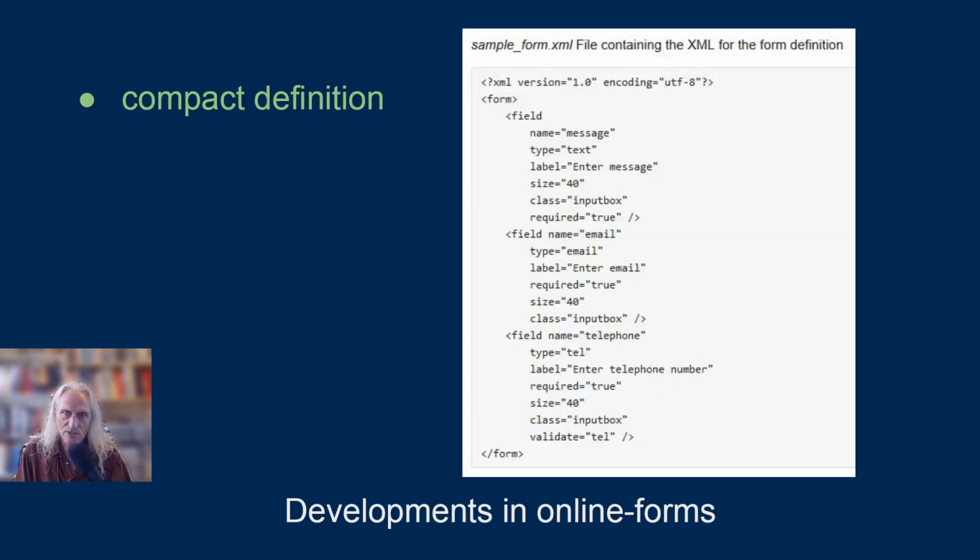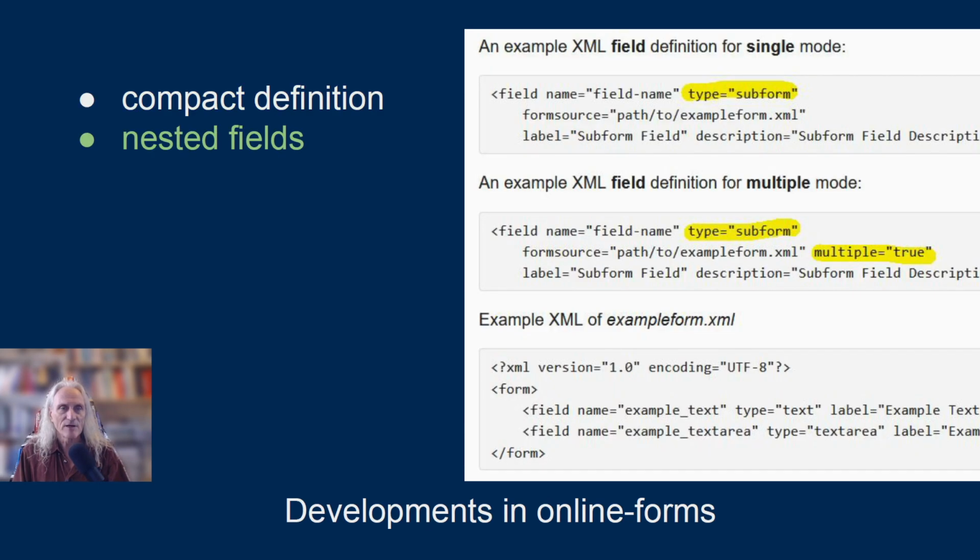In Joomla you have an XML file to define your forms. You can have nested fields. In the original form tag, they cannot be nested. You cannot have a form in a form in HTML. But with those extensions, with those libraries, you can do that.